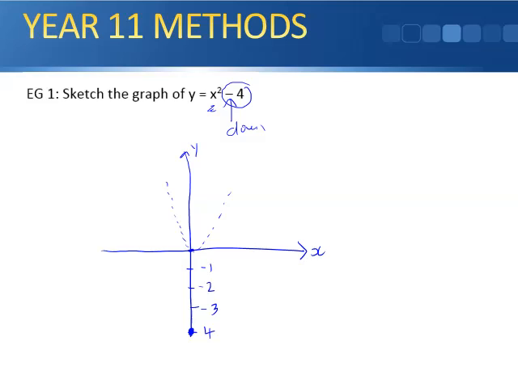We should find out where it's going to cross the x-axis. Now remember that for the x-intercept, y equals 0. So if we put y equal to 0, we get x squared minus 4 equals 0. X squared equals positive 4, so x will equal plus and minus 2. So it's going to cross there, and it will cross there.